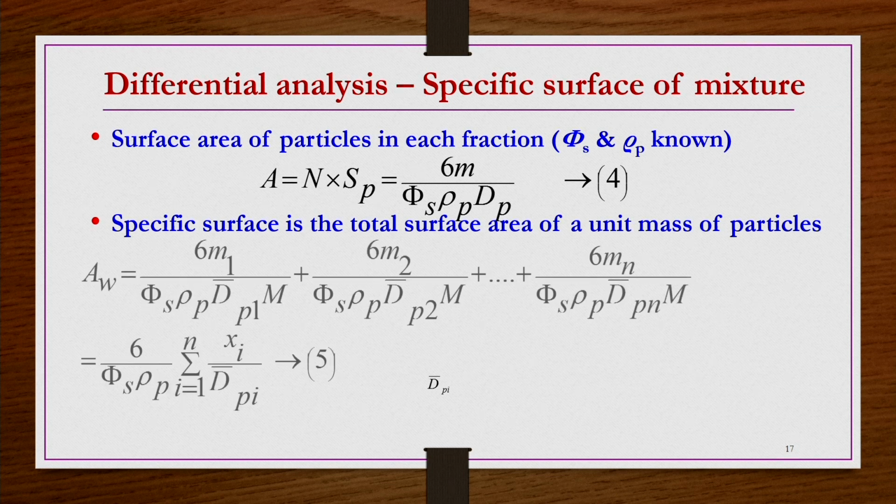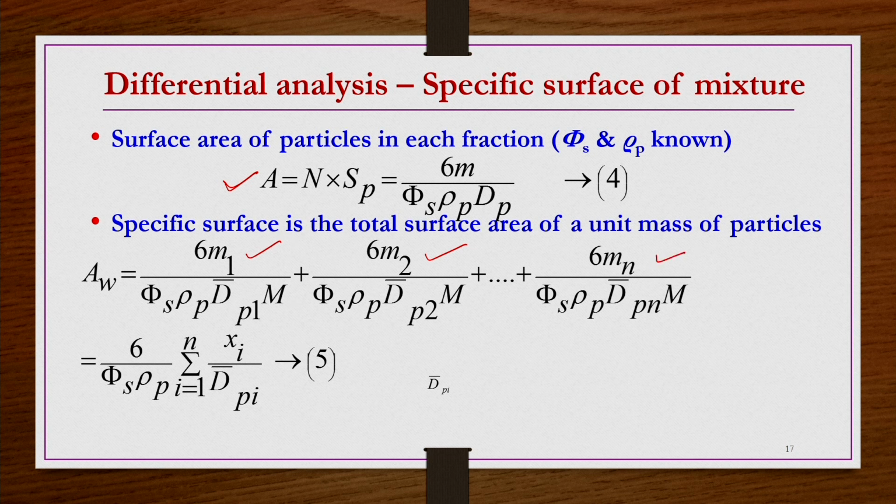So, this A, if you divide by m and then add them together for all the increments, this is for one increment. Like that you have all increments: this is for screen increment 1, this is for screen increment 2 and so on, and this is the nth screen increment.